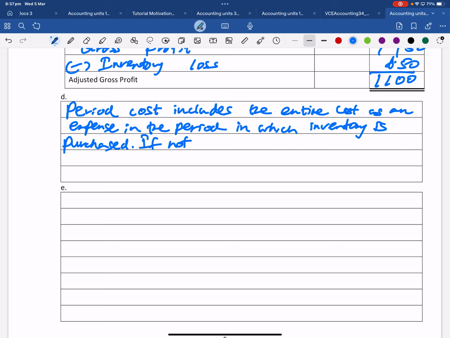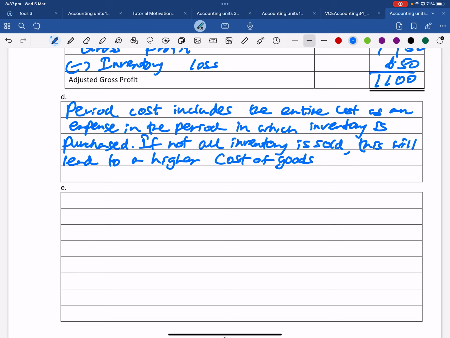If not all inventory is sold, this will lead to a higher cost of goods sold than product costing, and a lower profit.